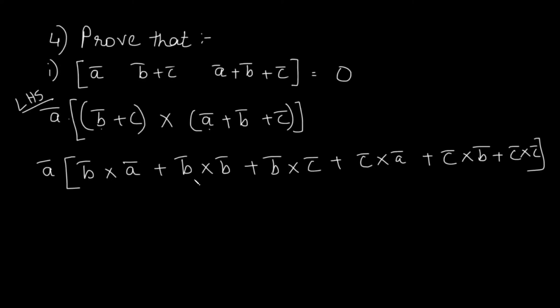Then the cross product of the same vectors is 0, so this goes away. B cross B becomes 0.